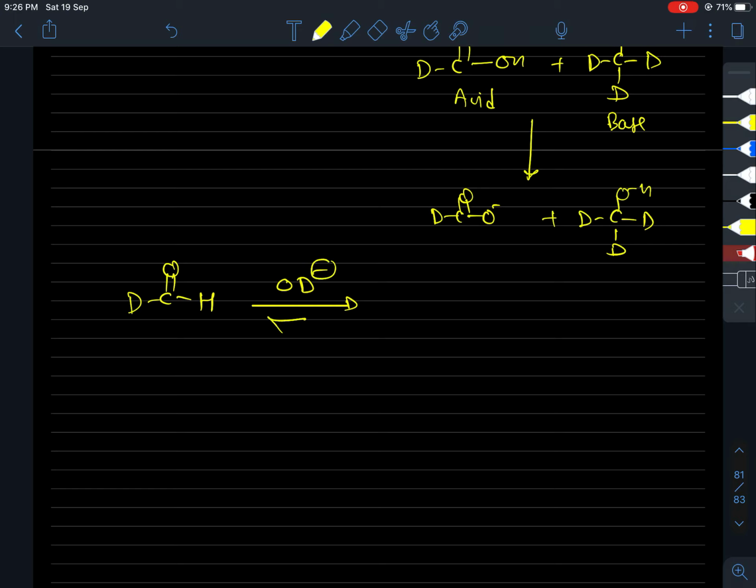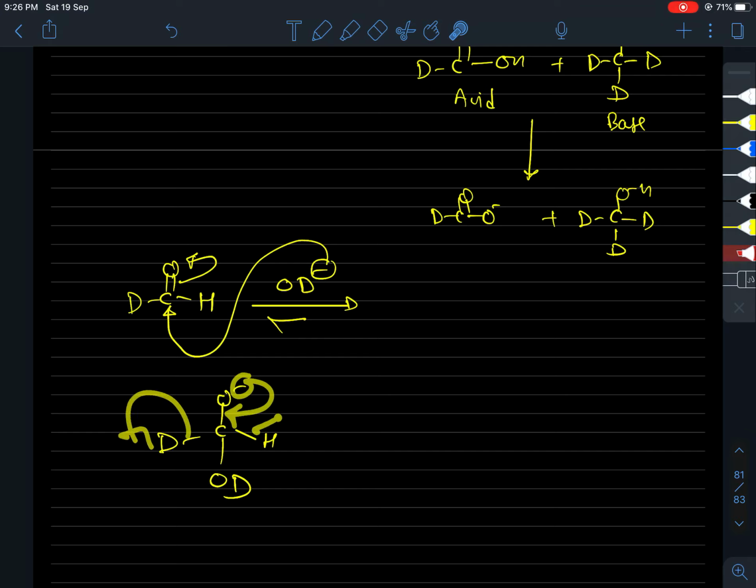Because there is no alpha hydrogen, this is the only possible thing which is left. So it will happen in this way. It will be O minus, and then we are having H and we are having OD. Right. So after this attack, this will be. Now the next question is, when it comes back, should H migrate or should D migrate? That is the biggest question that arises here.